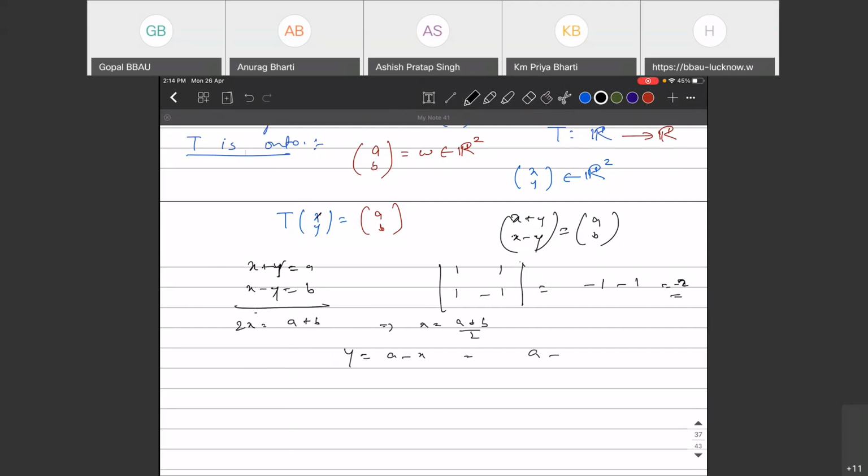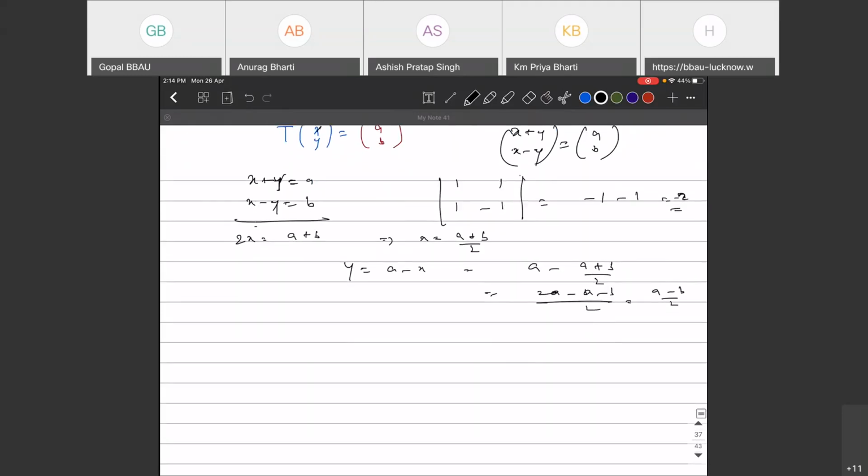So this implies y equals a minus (a plus b) by 2, equal to (2a minus a minus b) by 2, (a minus b) by 2. So you got x comma y, that is (a plus b) by 2 and (a minus b) by 2.